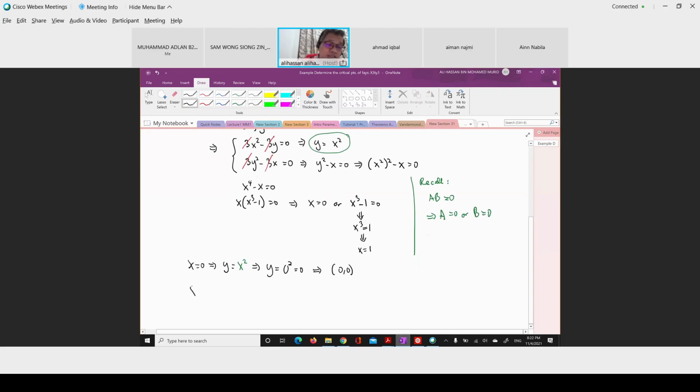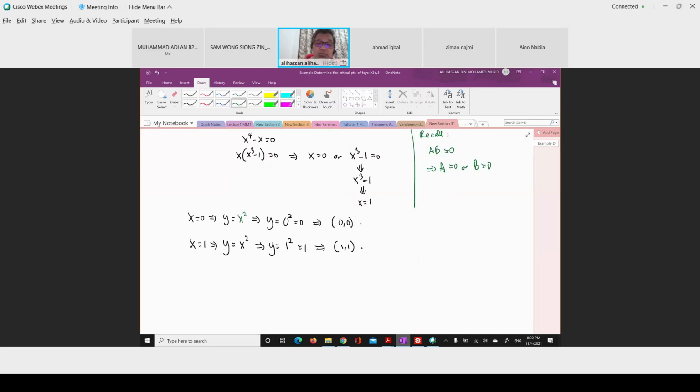Another solution is x equal to 1. So y is again x squared, so we have y equal to 1 squared equal to 1. So the second critical point is (1, 1). So we have found two critical points here.